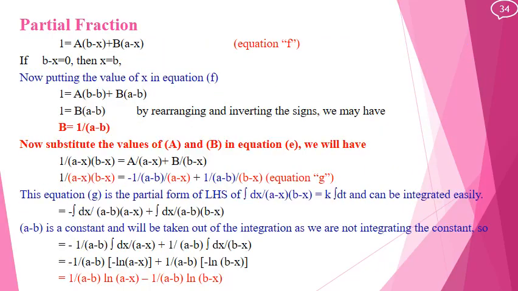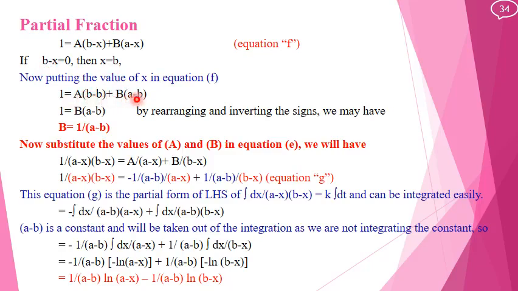Again we are using equation f in order to find out the value of B. Now we have to consider that b minus x is equal to 0. Before that we considered that a minus x was equal to 0. Now with b minus x equal to 0, definitely we will have x is equal to b, by rearrangement.